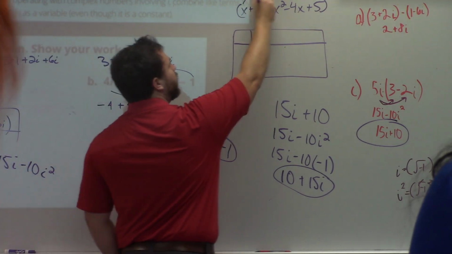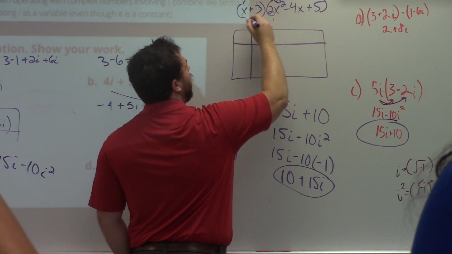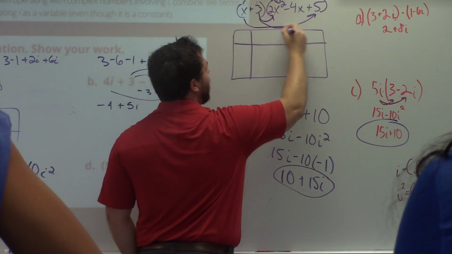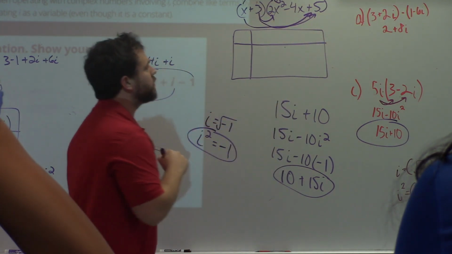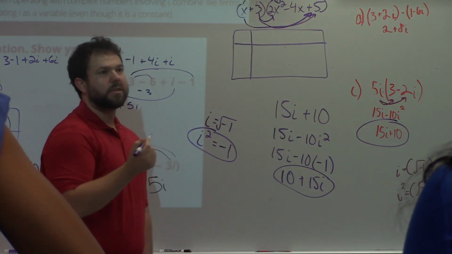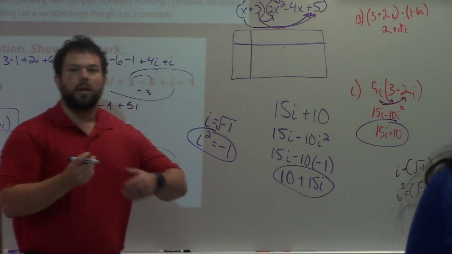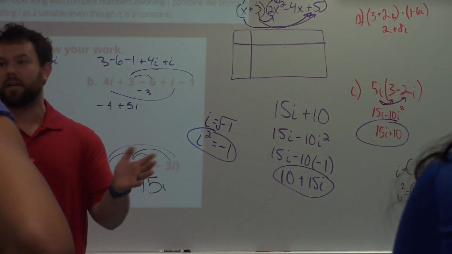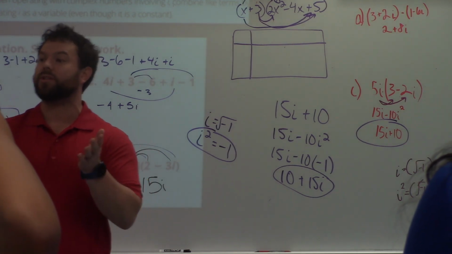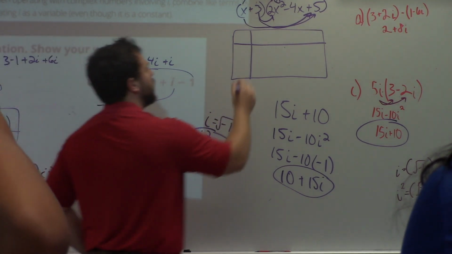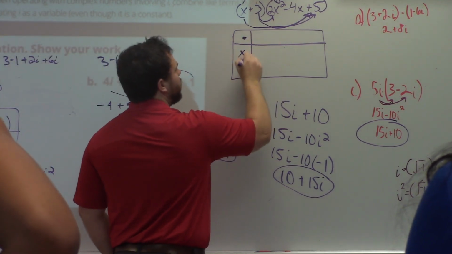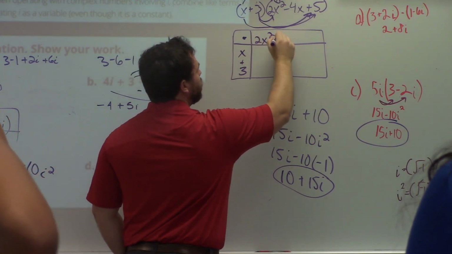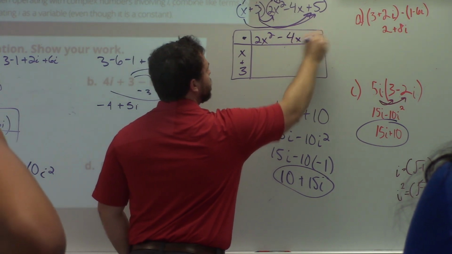Guys, if I did first, outside, inside, and last, what did I completely miss? I completely missed that minus 4x. If you do FOIL, that only works with 2 terms times 2 terms, which is why you never hear me talk about it, because it doesn't always work. However, if you distribute, if you use an area model, either one, will you miss any of those terms?